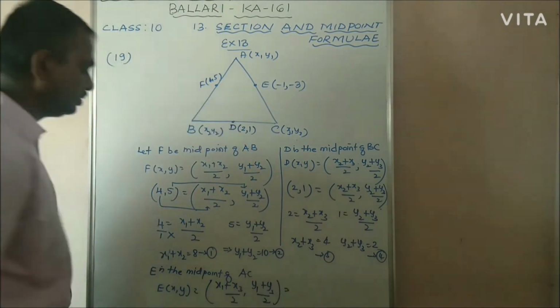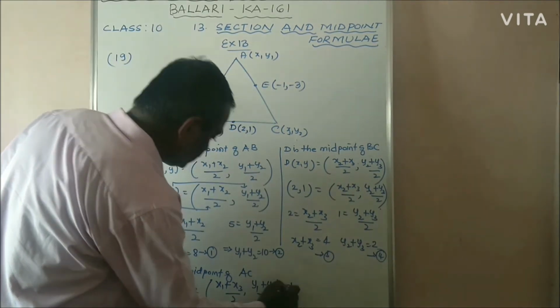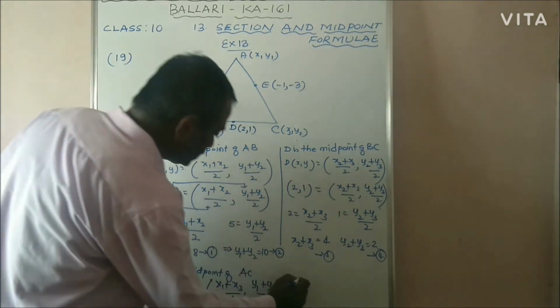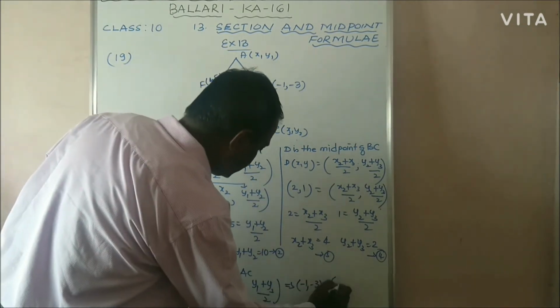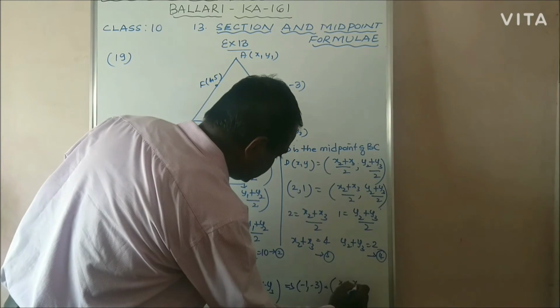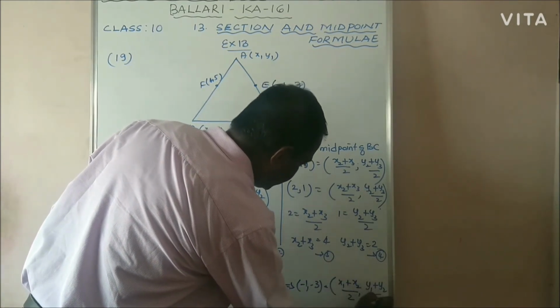So what is the E value? Minus 1, minus 3 is equal to the same value, x1 plus x3 by 2, y1 plus y3 by 2.